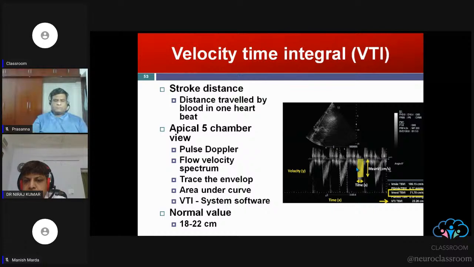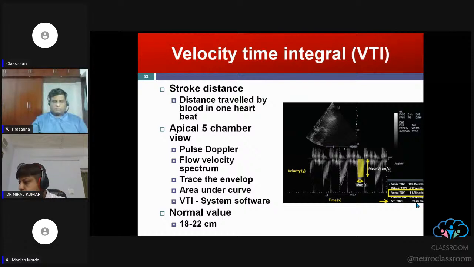You just have to trace this area with your ultrasound machine, and the machine will automatically give you this VTI. Suppose, taking this example, this VTI is about 23 centimeter.